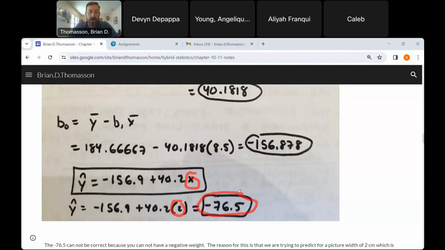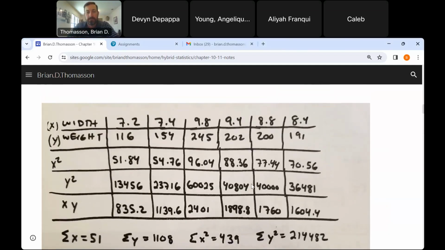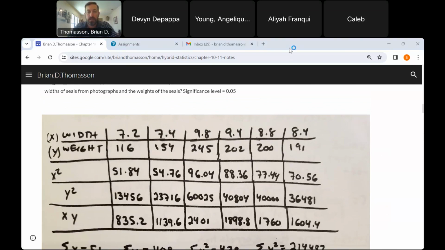So let's figure out why this regression equation, after I said how great it is and how well it works, gave us something that's obviously wrong. If we go back to the data and look at these picture widths, the smallest one we have is 7.2 centimeters, and the largest one is 9.8.